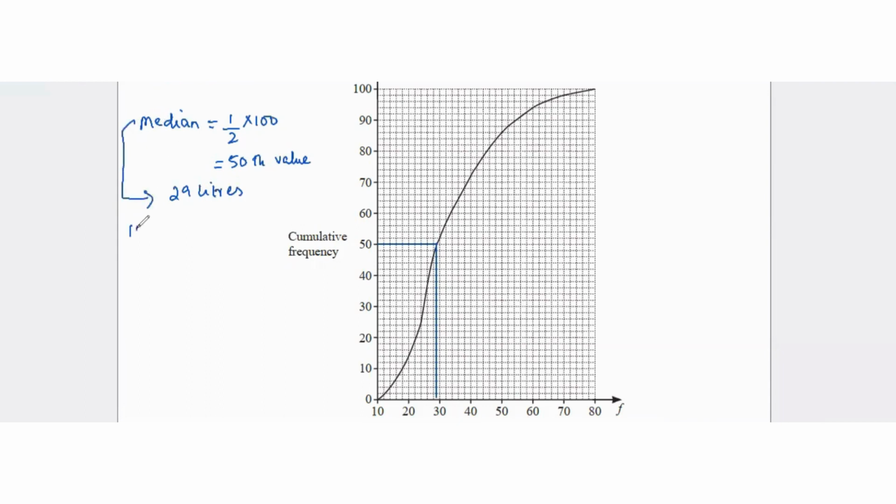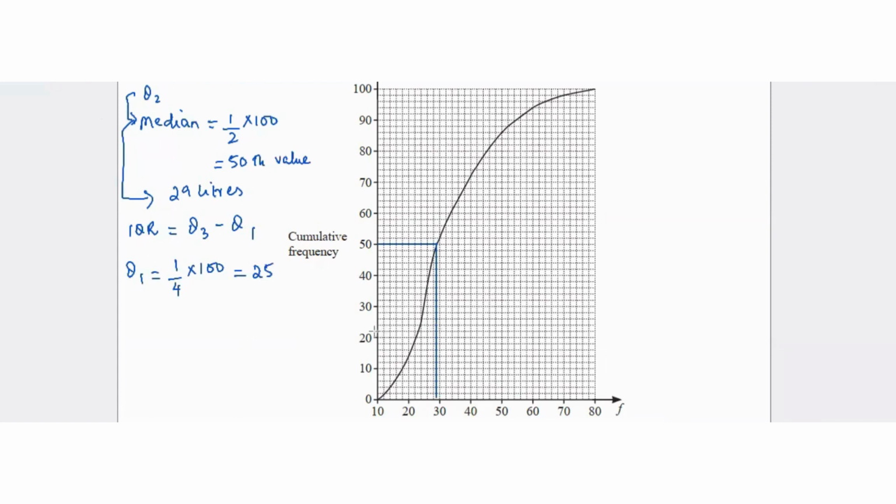Then for the interquartile range, we basically do Q3 minus Q1, which is the upper quartile minus the lower quartile. Median was your Q2. So first find the lower quartile Q1. That's 1/4 of 100, which is 25.